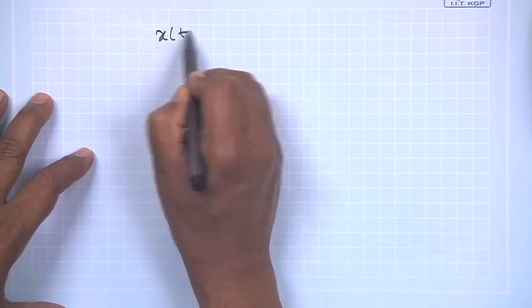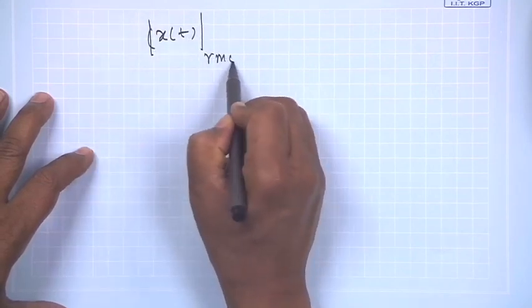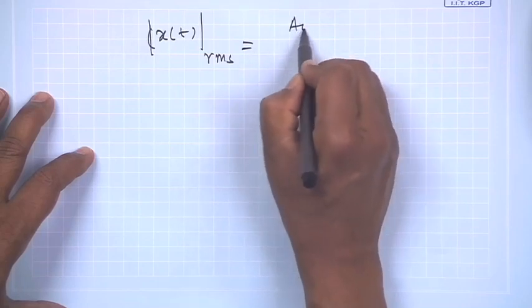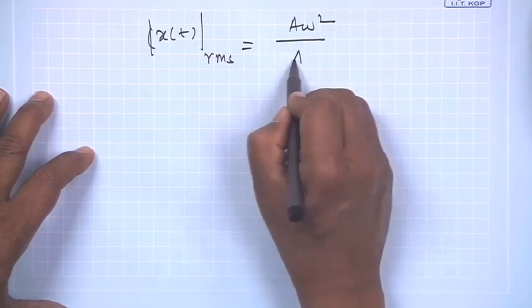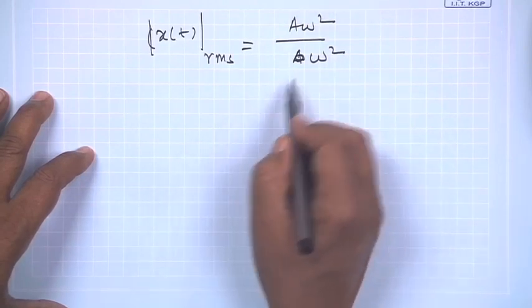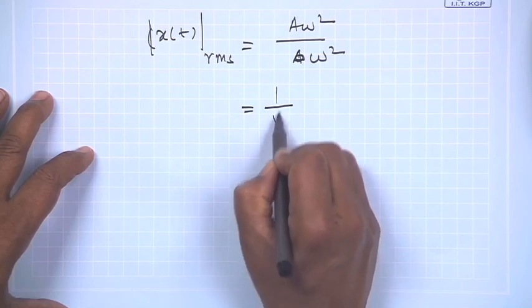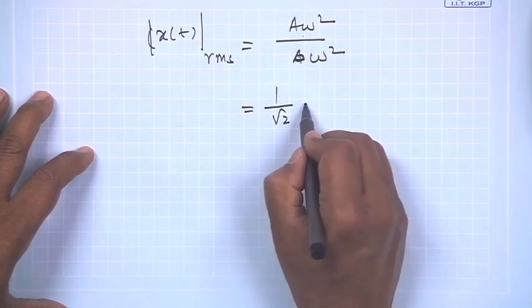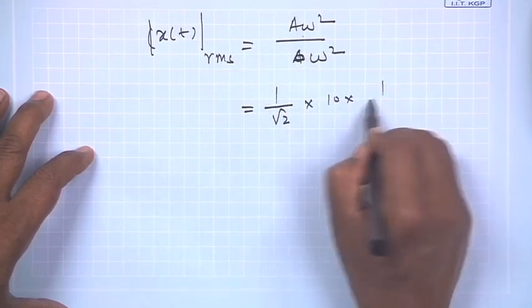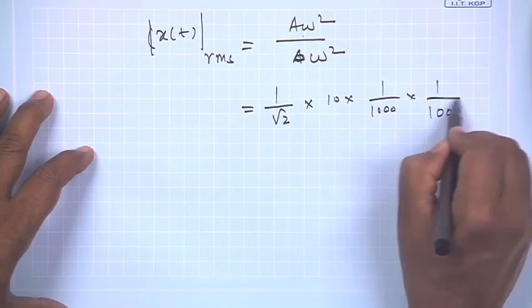Now, the second is x t RMS. The displacement is nothing but a omega square divided by omega square. So, a omega square is 10. And this is 1 by root 2 because it is RMS and this is peak, times 10 times 1 by 1000 times 1 by 1000.